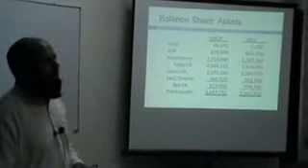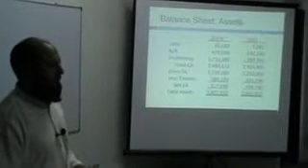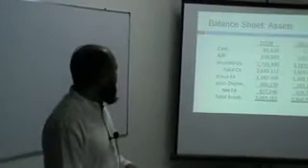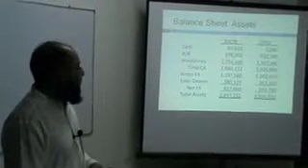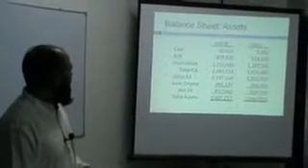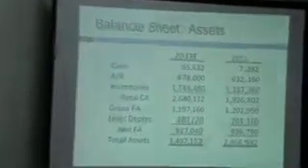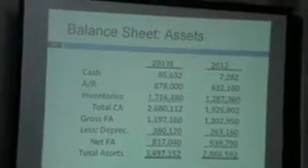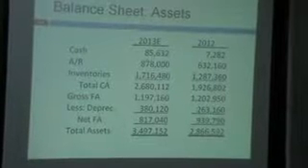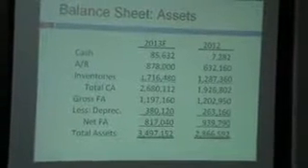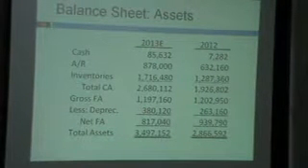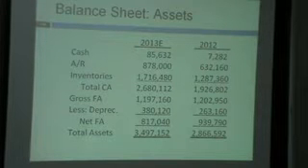Okay, the data that will be used here for illustration purposes is given in this slide. This is the data related to the balance sheet, and it covers the asset side. Comparative data for 2 years is given, 2012 and expected data for 2013. Current assets and fixed assets are both given on this page.